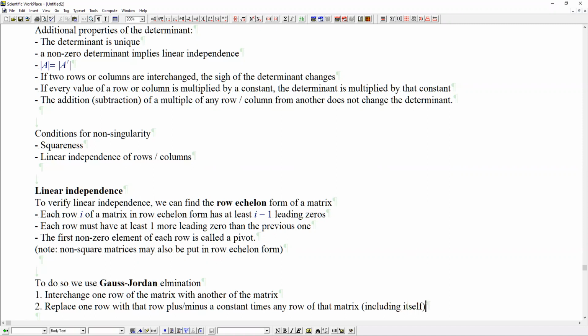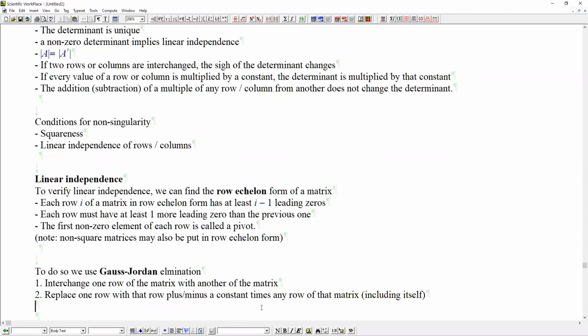I could just have written a third rule: you can multiply or divide a row by a constant, but this is just encompassing the same thing.